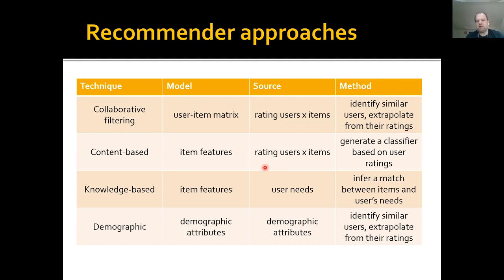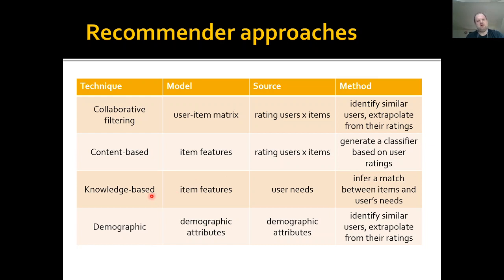We just have one user and we want to recommend items based on content similarity of items, not users. And at the end, the goal is to generate a classifier that provides the classification based on the user ratings for the active user.